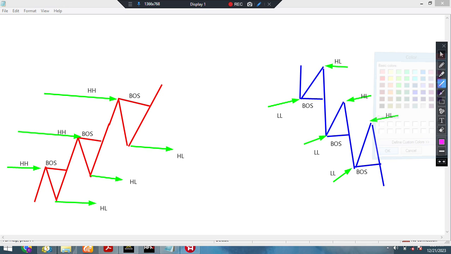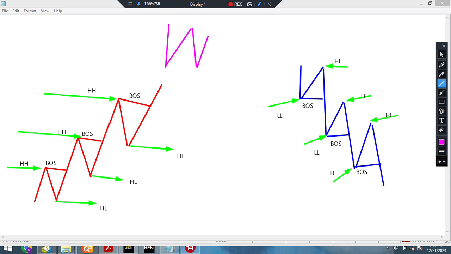It will not give you a higher high, neither will it give you a lower low. Rather, it will give you what we call equal high, equal low, equal high, equal low.